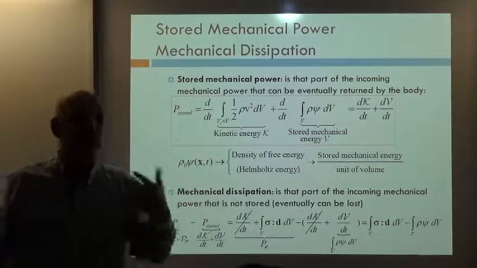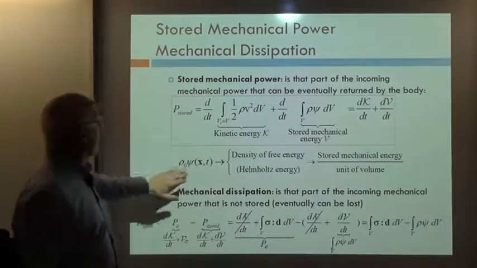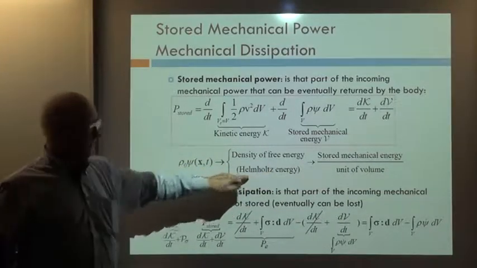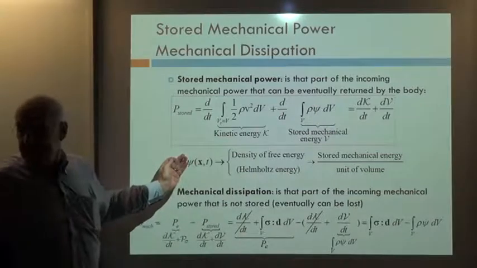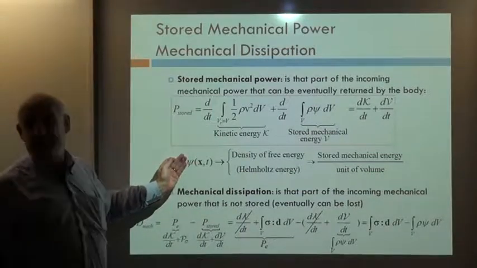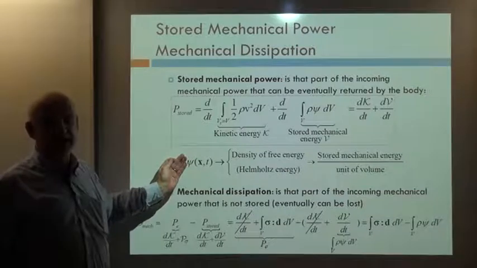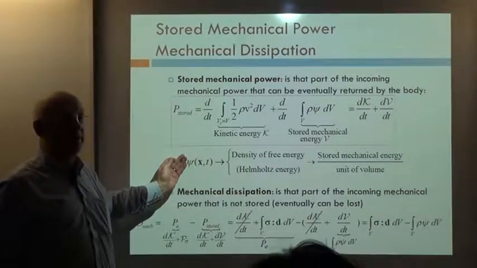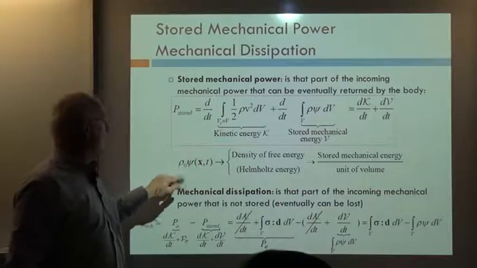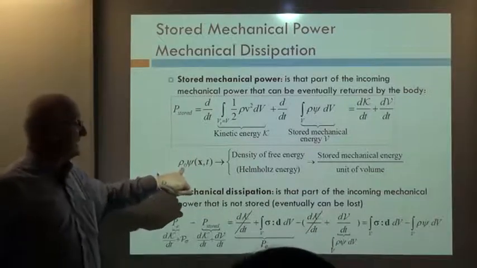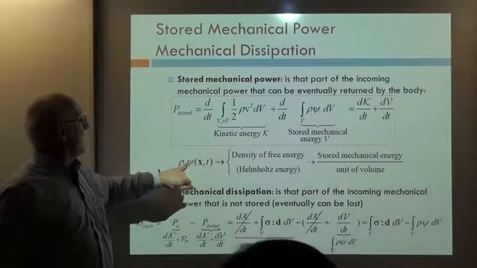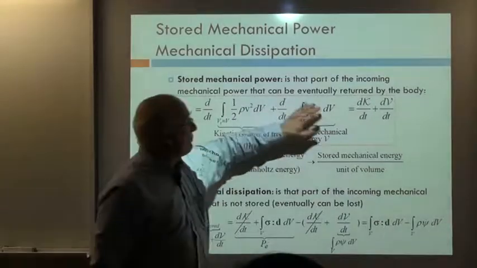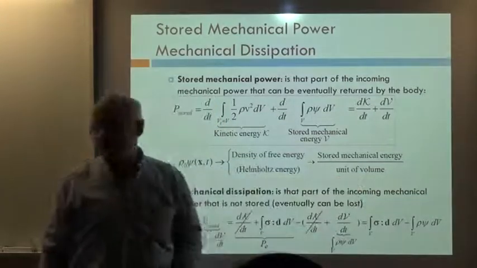And the description of the stored energy is going to be done on the basis of the Helmholtz energy, which is a function of space and time. It's a specific stored energy, because it's given per unit of mass. If I want to have it in terms of volume, I have to multiply by the density, and then the product is the density of free energy, which is the quantity of mechanical energy per unit of volume.